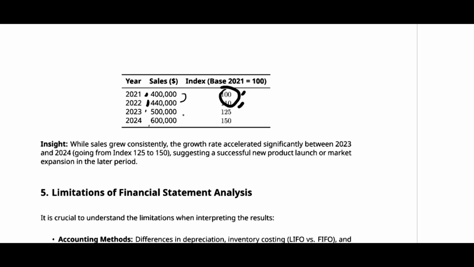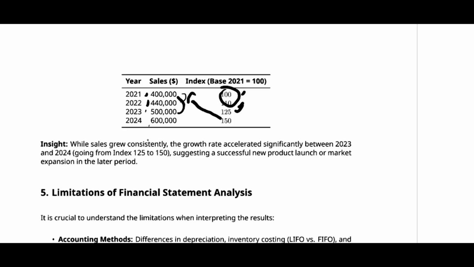And again, the 2023 value is compared with the base year value, so there is a growth to 125%. Again, when it comes to 2024, there is a $200,000 growth. That means it is 150% of 2021 sales. So the base year value is set as 100% and all the corresponding years' values are expressed as a percentage of the base year value.